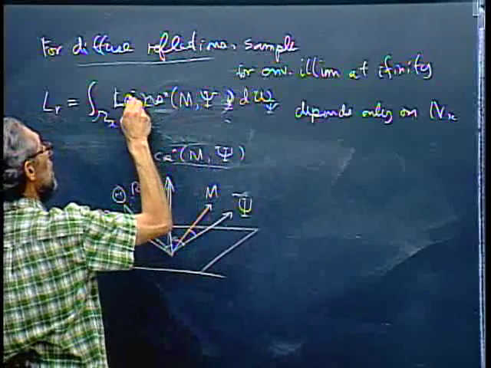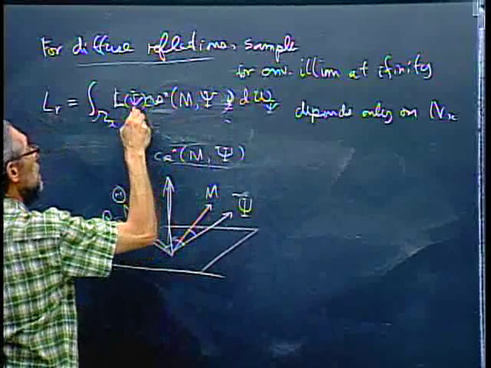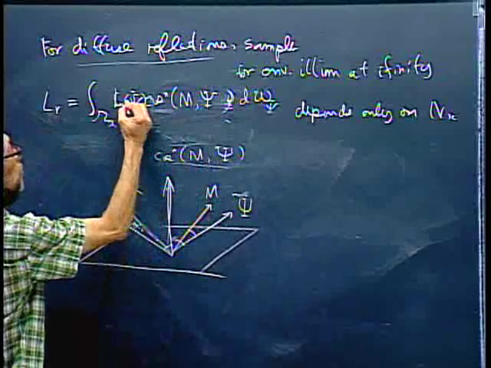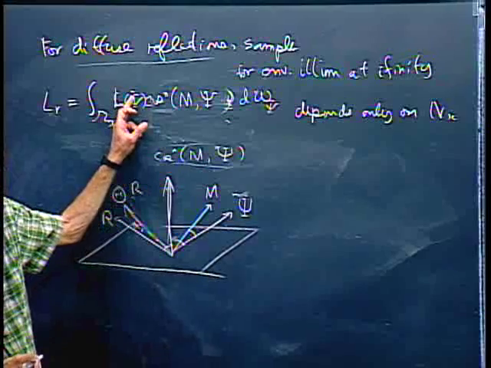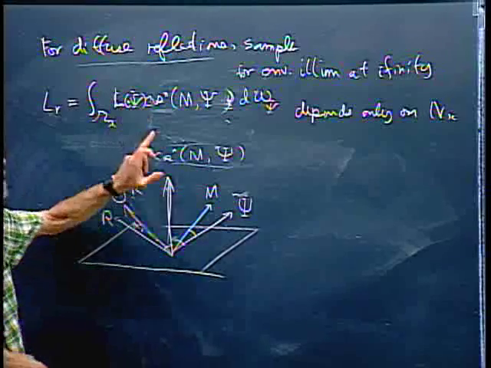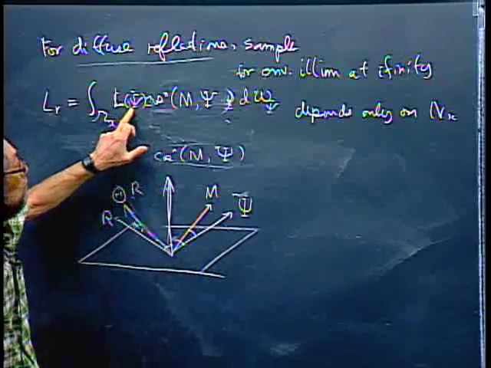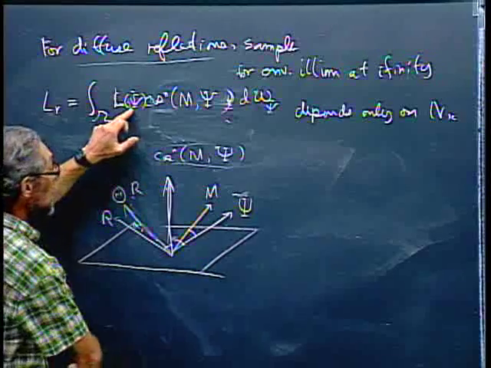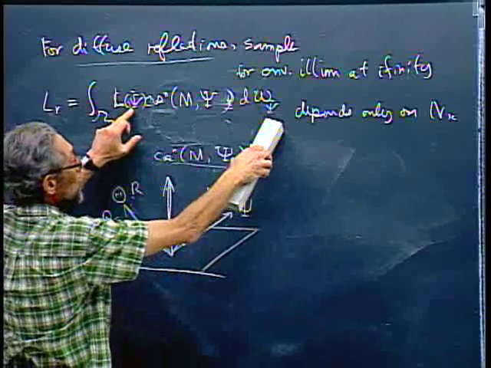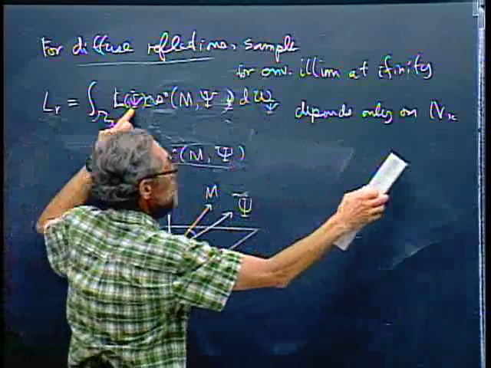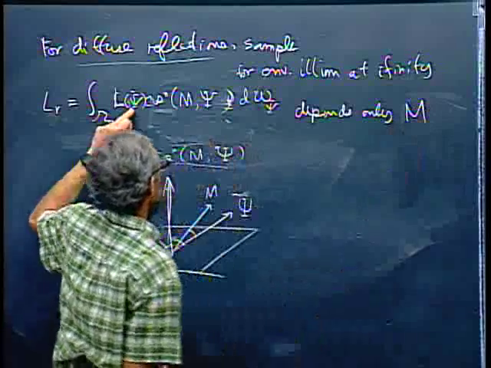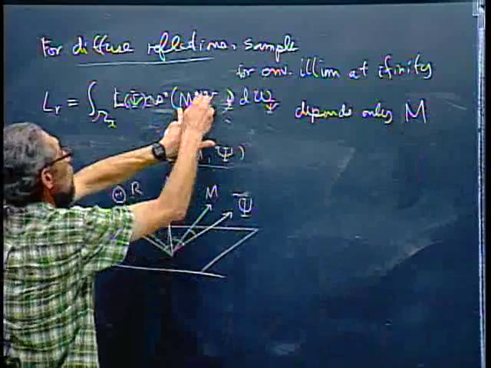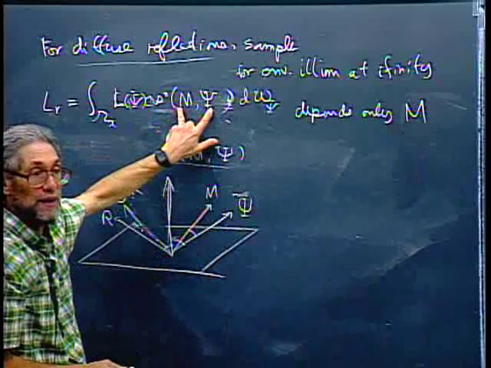And this L is coming in from direction psi. And it's at the point x, but if it's environmental illumination, it doesn't depend on the point x because it's coming in from infinity. So now I've changed my formula on the board because I was running out of time, but the point is this depends only on m. Right? Because this is an integral over psi, and I've removed all the other dependencies.